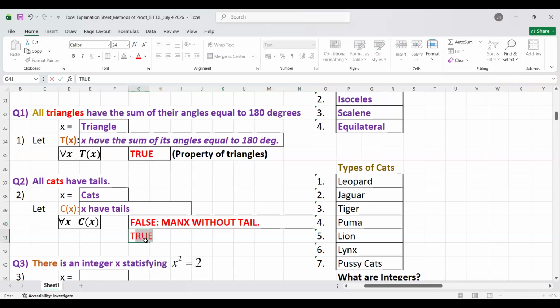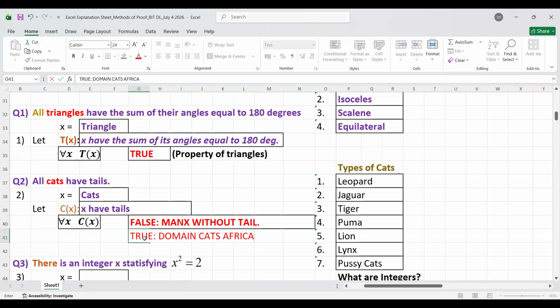If you say that a statement is true, for example, then you say that my domain can be all cats from Africa. And even in Africa, are you even sure of all the parts of Africa?